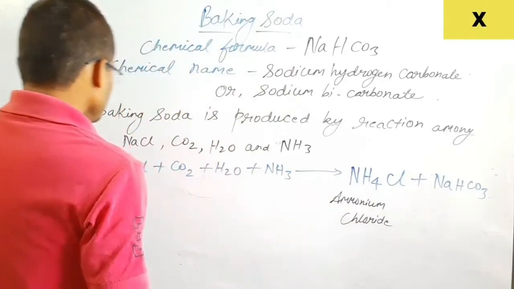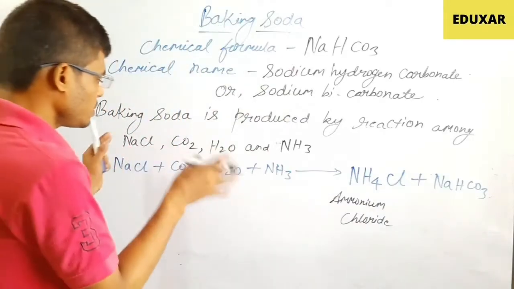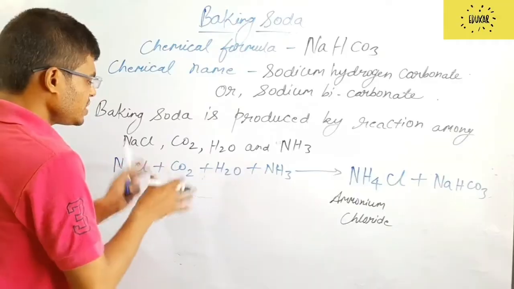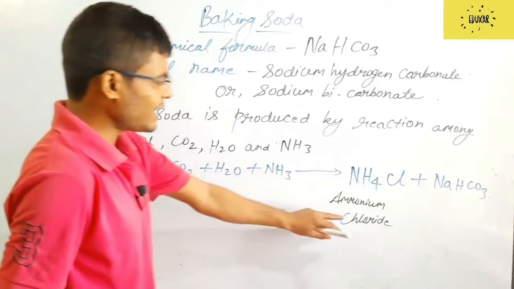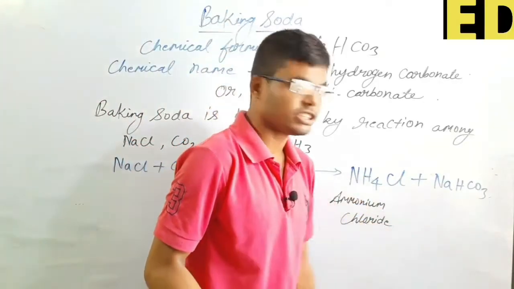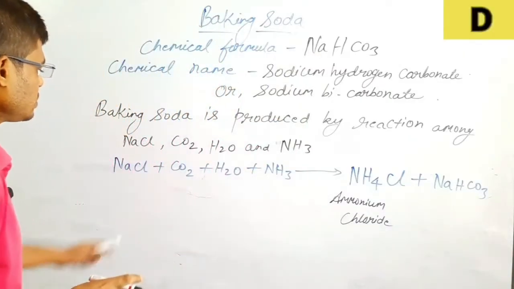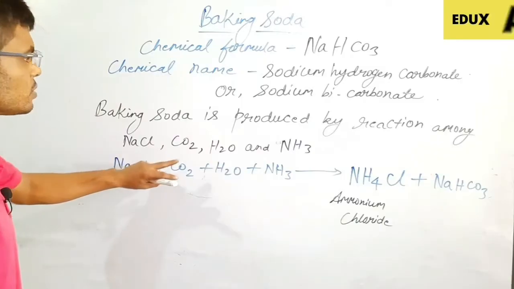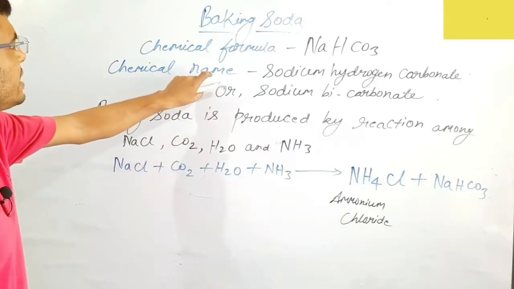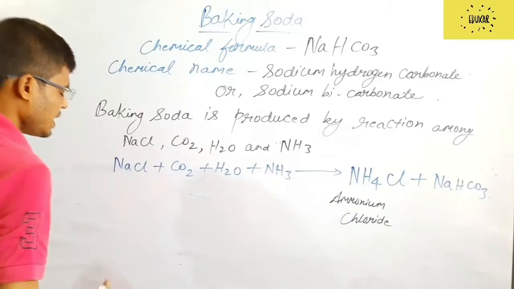It means if we react all of them with each other, then we find out here the ammonium chloride and NaHCO3. There is also a reaction that provides us the NaHCO3.